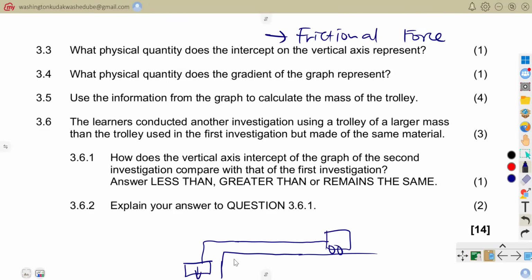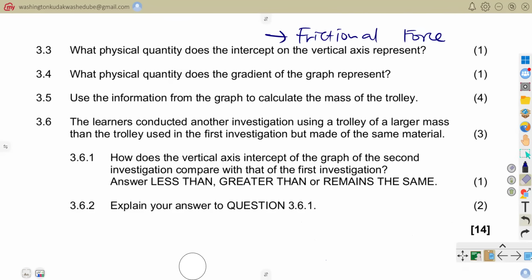This mass is pulling us down, so this trolley is supposed to be accelerating in this direction, but it's not accelerating because F net would be equal to 0. Why? Because there is an opposing force, and that opposing force is the frictional force. That becomes our y-intercept.